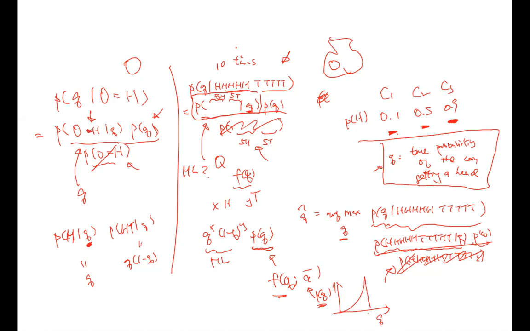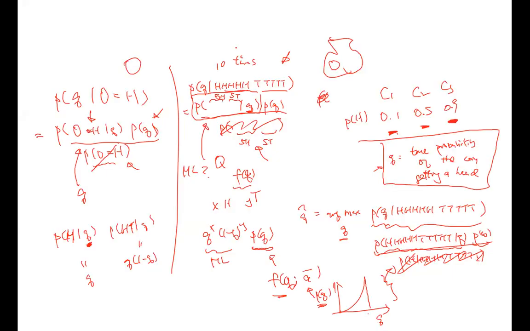Come to think of that, I always find this kind of drives my brain a little bit crazy. But be careful that we are talking about a probability of a probability, a distribution of probability here, right? Q itself is a probability.